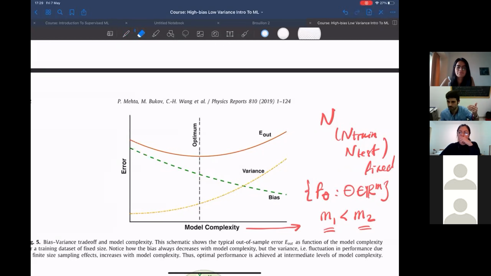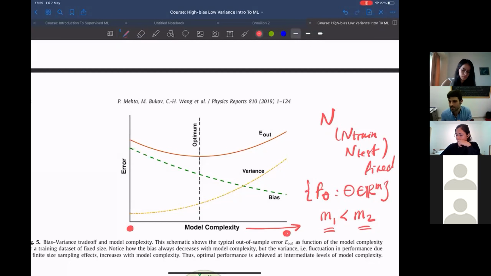It will first decrease. If you start from models which are here completely trivial, okay, and here extremely rich models. For a completely trivial model, you will not be able to predict anything. You are not able to capture anything about the true relations between inputs and outputs.